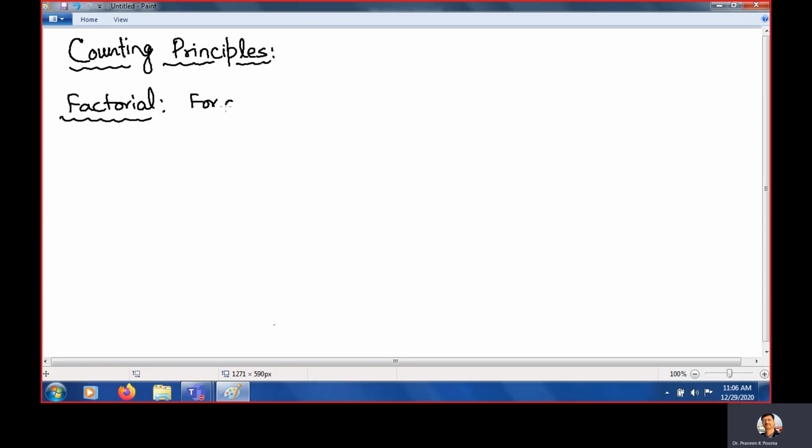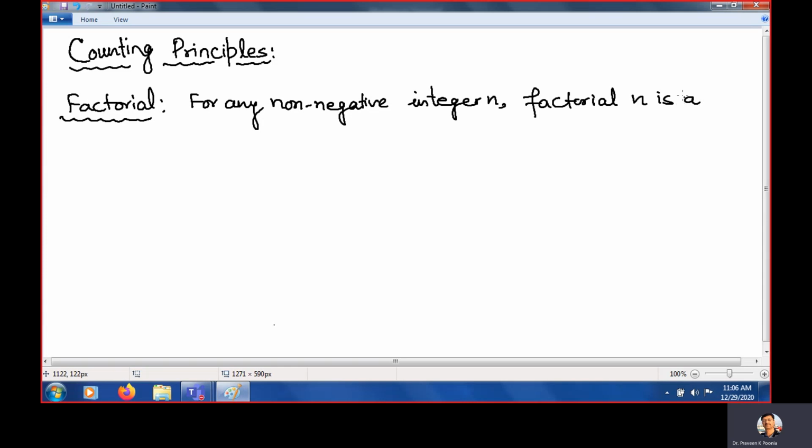For any non-negative integer n, factorial n is a descending product starting with n and ending at 1.